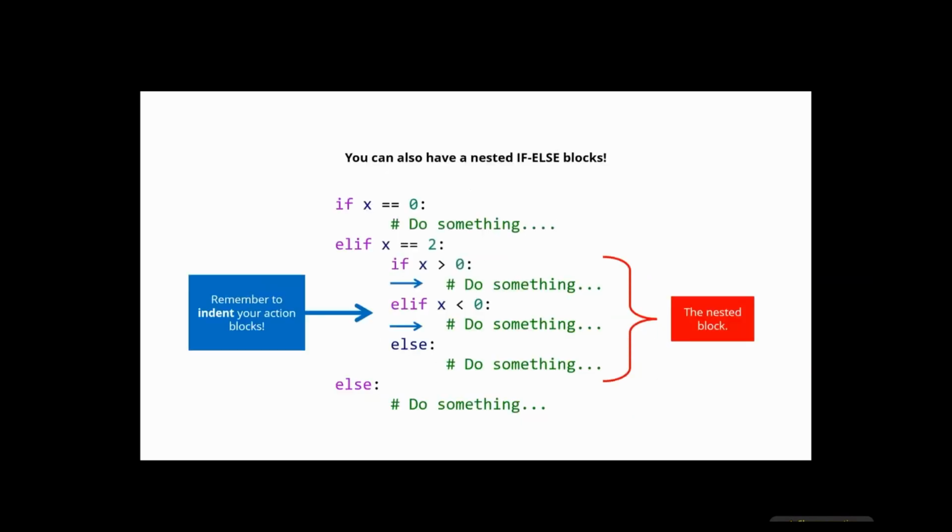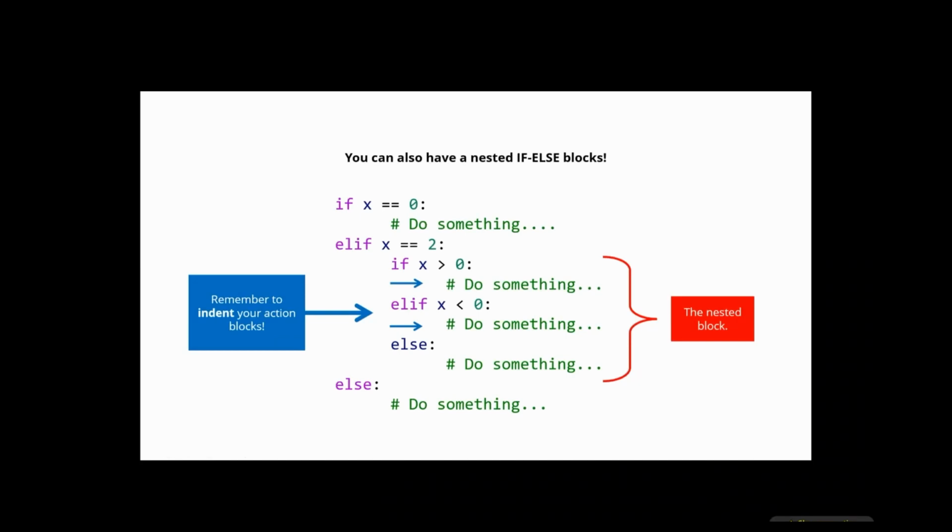So you can also have a nested if-else block, like I've mentioned before, like the diagram regarding the, what type of illustrator. I can't remember the question. So you can also have a conditional block inside a conditional block inside another conditional block.